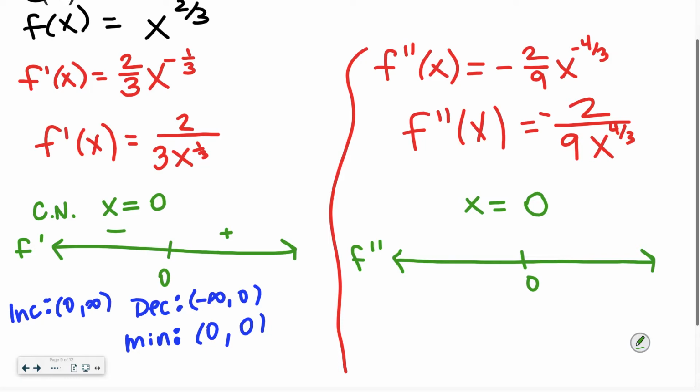So like -1. -1 to the 4th power is going to be positive, right? Which means this entire fraction would be negative. Okay? If I plug a number in over here, like 1, x to the 1 to the 4/3 in all of this, this would also be negative. Okay.